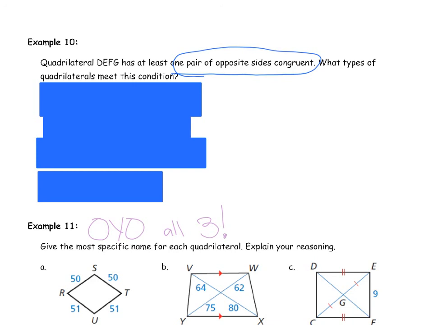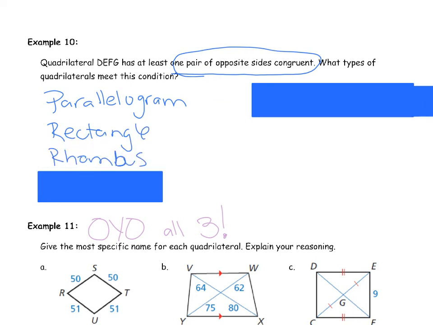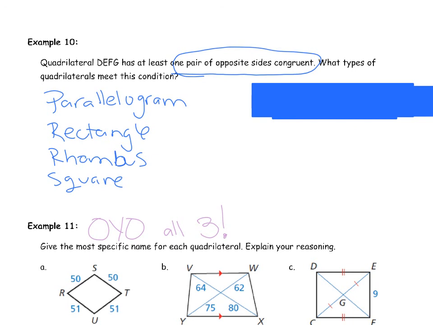So what about a trapezoid? Trapezoid, no, their opposite sides aren't congruent, so that doesn't work. So we do have a parallelogram, which that is true for, which therefore means that it's also true for a rectangle, which would mean that it's also true for a rhombus, and of course, the square.